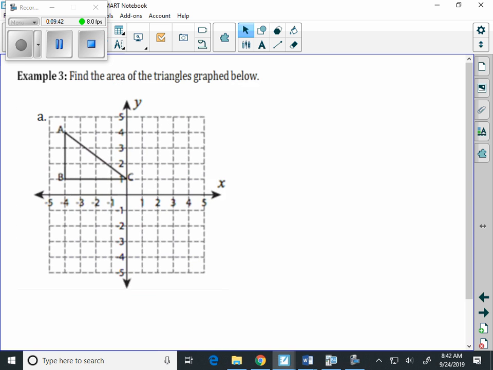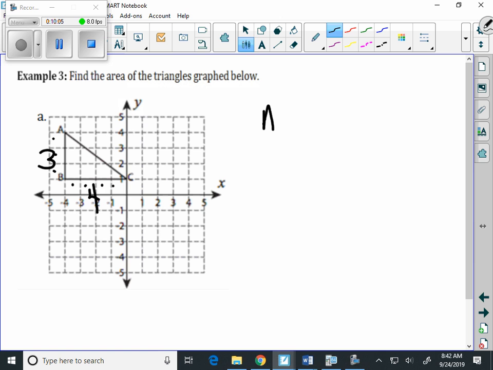Luckily enough, on our first example, we have a right triangle. So we want to find the area, but we don't have to do a lot of extra on this one. Our base, 1, 2, 3, 4, is 4. Our height is 1, 2, 3, counting the boxes. In our formula, once again, area equals 1/2 times base times height.